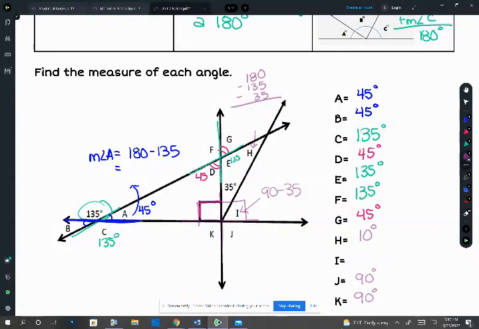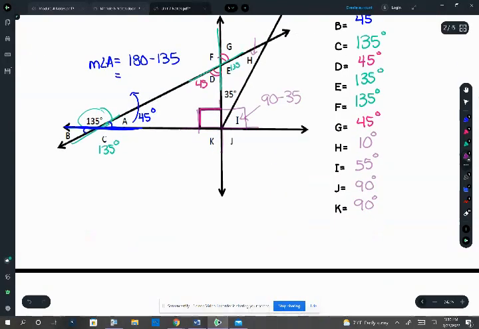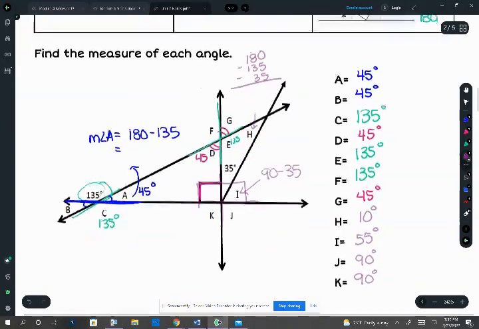And so 90 minus 35 is going to give us 55. And that would give us all of our values right there. And then that's everything for 7.0.